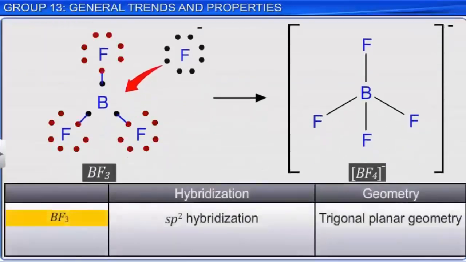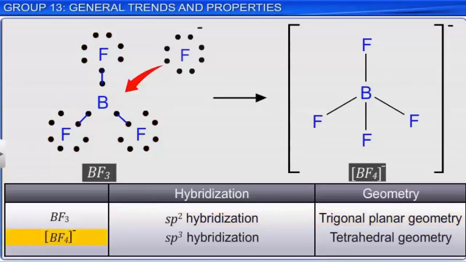BF3 with a coordination number of 3 around the central atom displays sp2 hybridization. Its geometry is trigonal planar. In BF4 minus, there is a coordination number of 4 around the central atom. So, the hybridization is sp3.